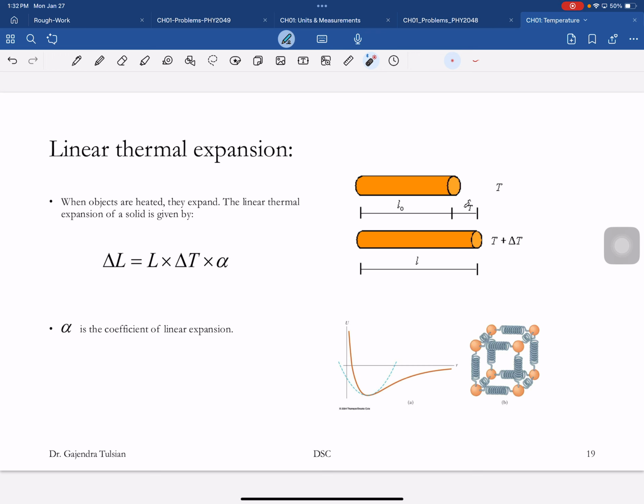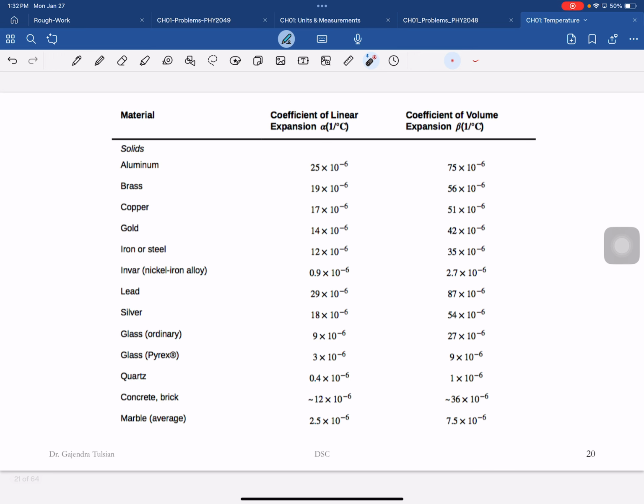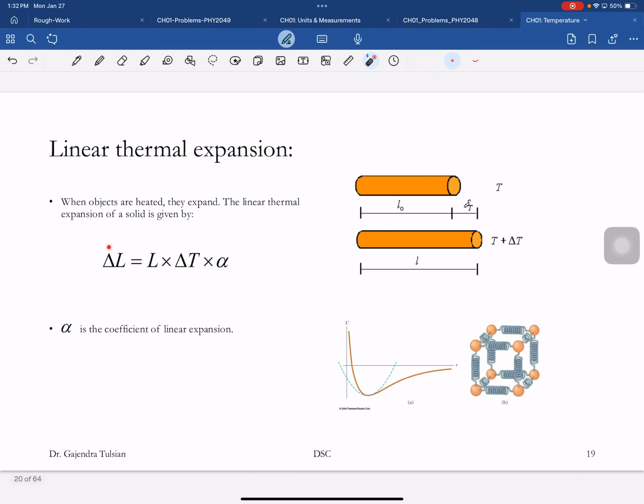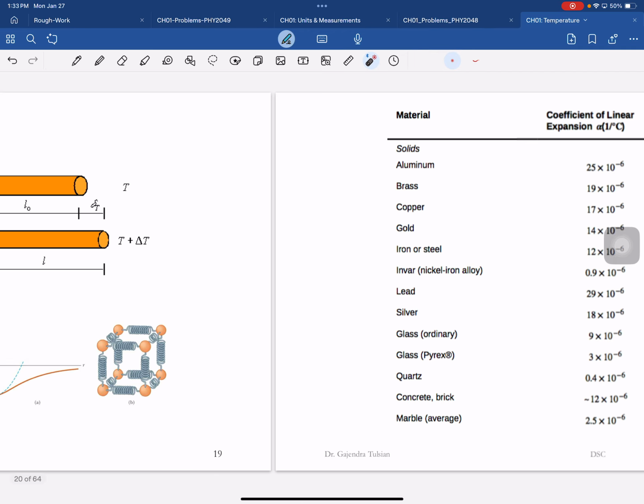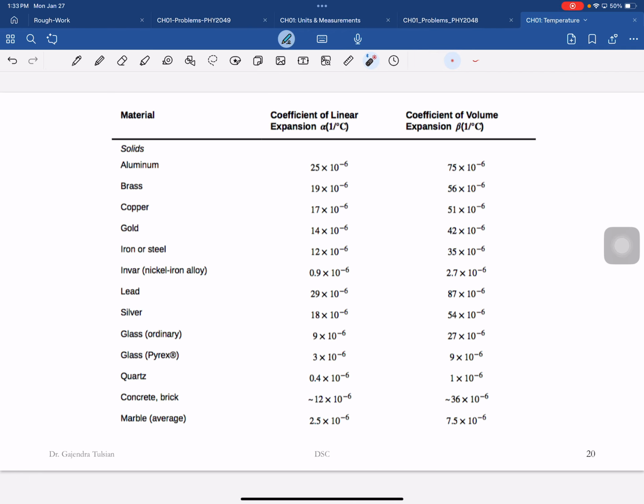These numbers are important enough that material scientists give you standard tables. So for aluminum, for instance, here's how you think about these numbers. Alpha tells you how much expansion you'll get if you raise the temperature by 1 degree Celsius and you take 1 meter. Alpha is 25 parts in a million.